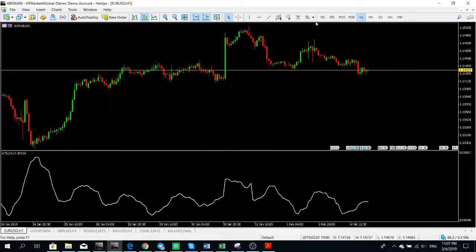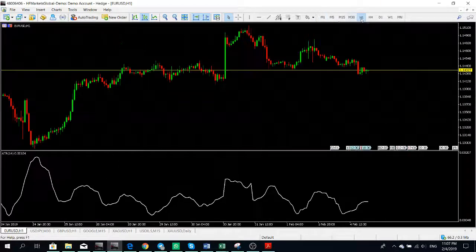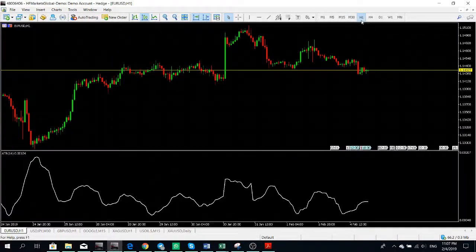So twice more than that, or three times more than this number in H1, you can use it in an M5 chart, or in M15, for example, to see the range of change during the last hour. For example, here the range was like 10 pips.